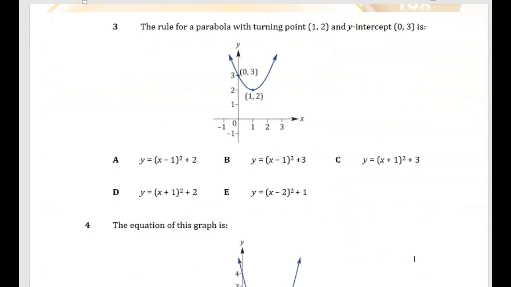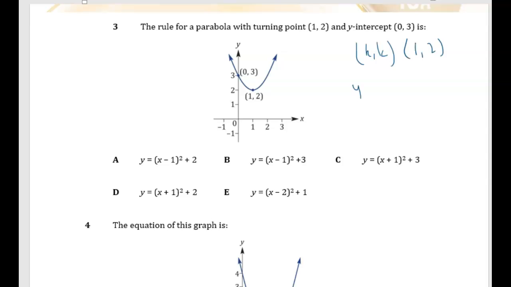All right, question 3. The rule for the parabola with a turning point 1, 2 and y-intercept of 0, 3 is. It's also drawn for us, so we can write the parabola in turning point form. Hold on, before we start, you could do a process of elimination. I know my value of h, k, the coordinates of the turning point, is 1, 2.